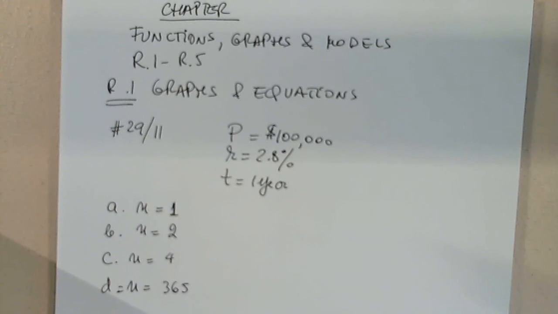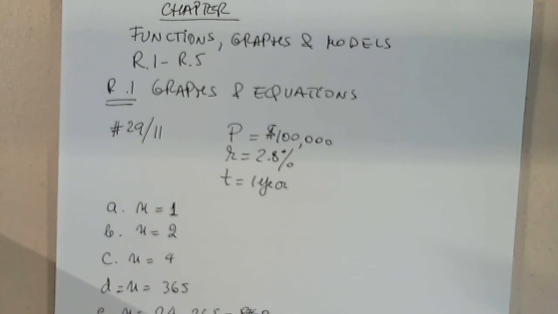And finally, hourly. That's E, and n equals 24 hours a day multiplied by 365. I'm multiplying these two. 24 multiplied by 365. I get 8760.